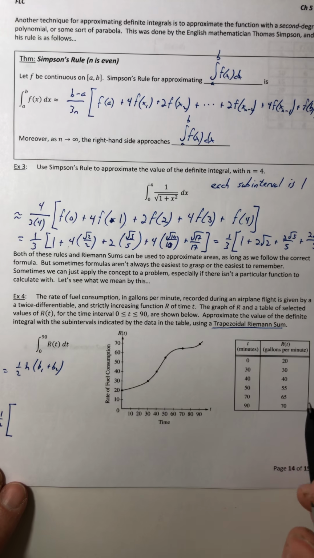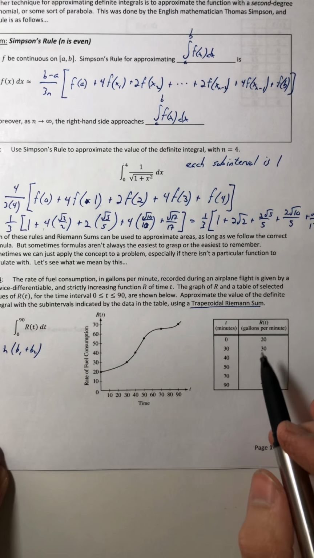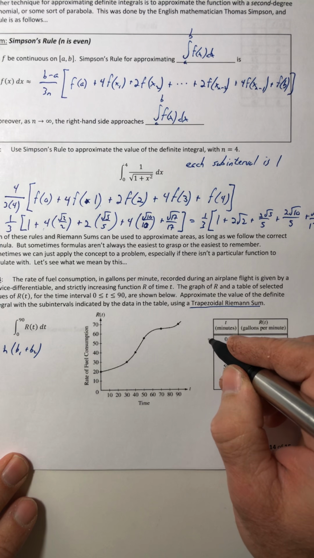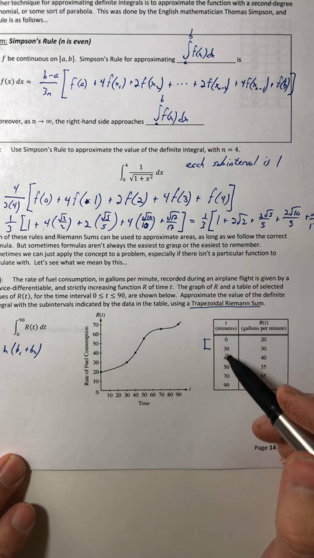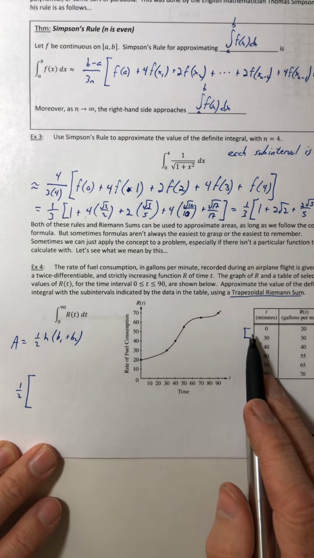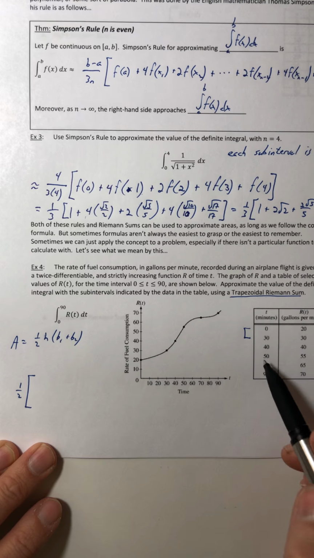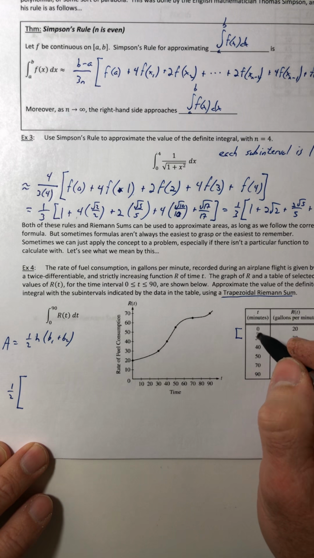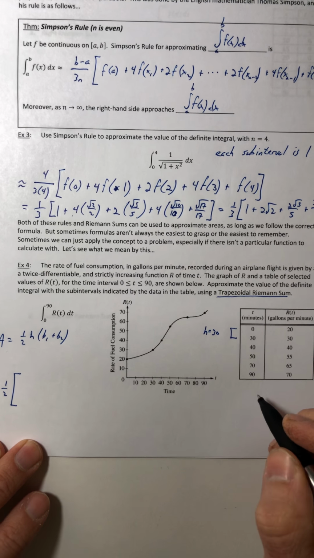I'm supposed to use the data in the table, and that'll tell me what the intervals are. Your first interval is going from 0 to 30. When you are using the formula, the h is the horizontal distance, so it's the x's, or in our case, the t's. So from 0 to 30, your first h is 30.